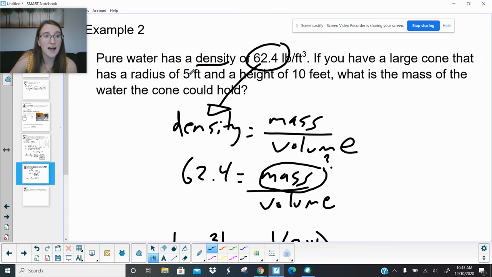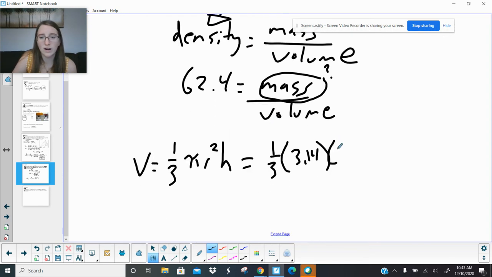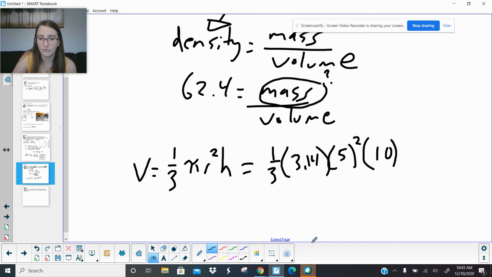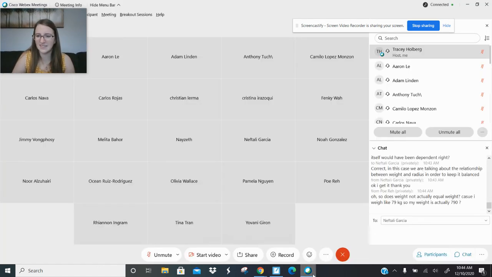The radius is 5 feet squared. Double check and make sure you did this correctly. And the height is 10. So plugging this into the calculator, we got 1/3 times 3.14 times 5 squared times 10. We should get 261.67 as the volume. 66 is okay as well.